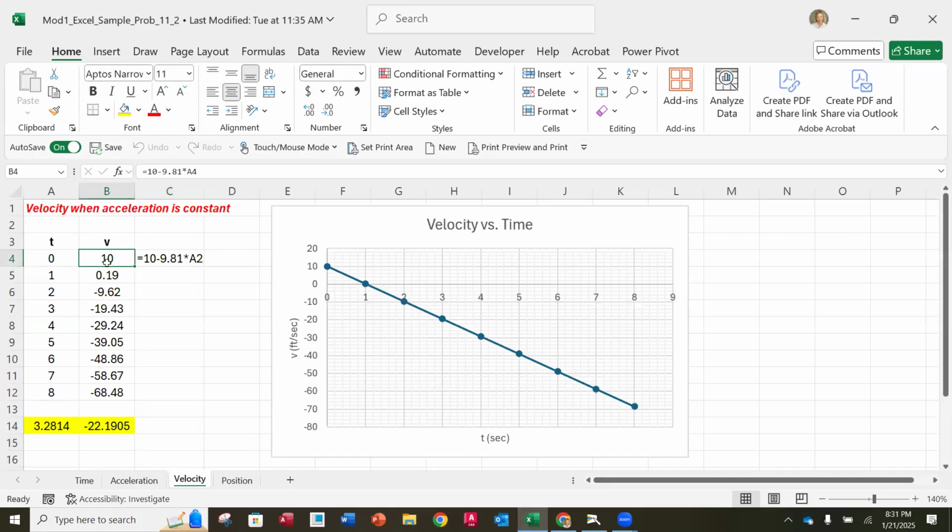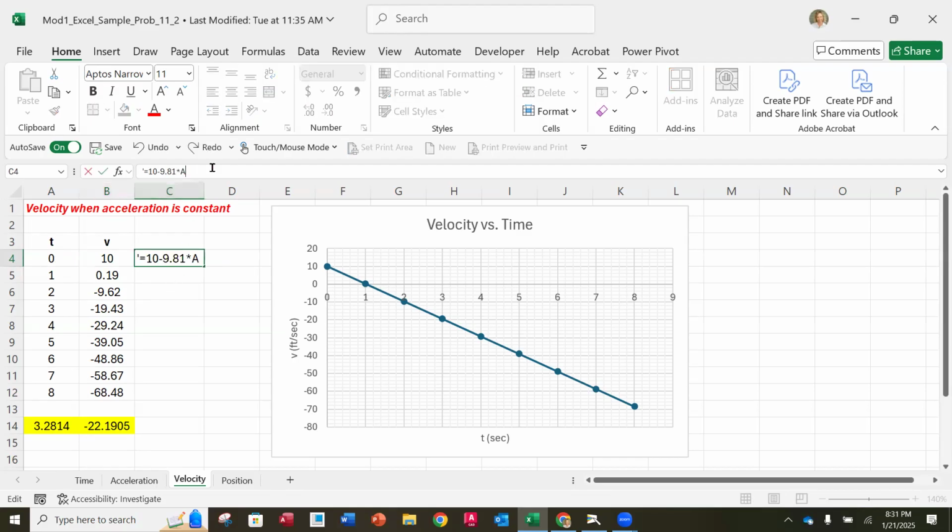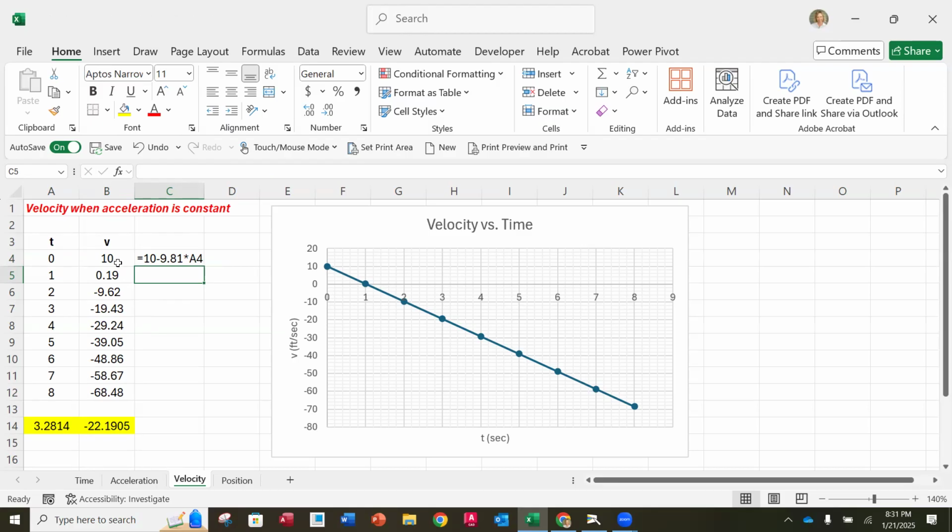So it's going to be equal to 10 minus 9.81 times the time, which in my case is A4. That should be A4, just because that's the cell on mine. If you have it in a different spot, it's going to be different. You should get 10 for the first value of V, and then you want to copy that all the way down. Okay. And then through that, it's going to generate the chart that we see here.